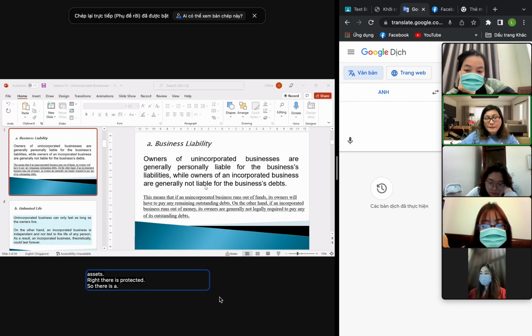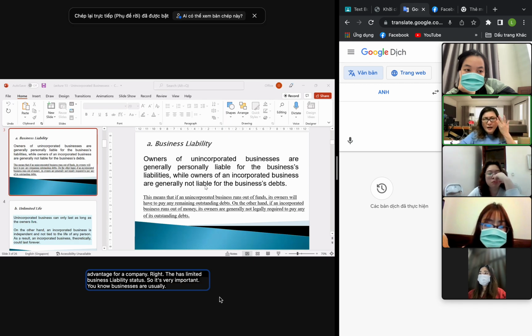That is a big advantage for a company that has limited liability status. There are advantages and disadvantages, but later on we'll study that. You must know the differences.